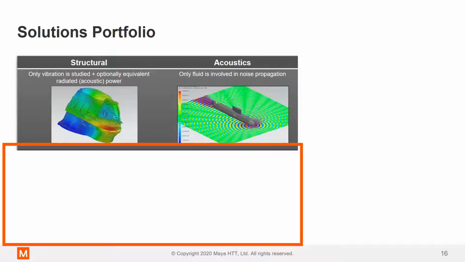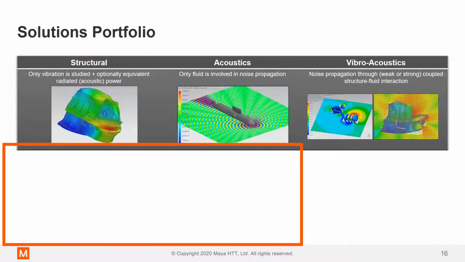So we only consider noise that's generated by these structures, and essentially there is no effect by the flow in this type of simulation. Now, what we can do is combine these two physics and arrive, of course, at a vibroacoustic problem. This is a category in which you can find a lot of noise and vibration problems, such as intake ducts that exhibit not only orifice noise, but also shell noise. And there are also powertrain components that are excited by forces resulting in vibrations which emit acoustic waves.